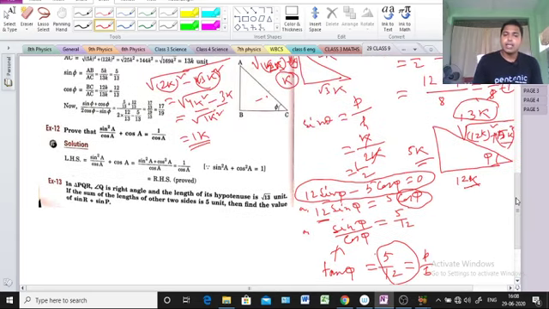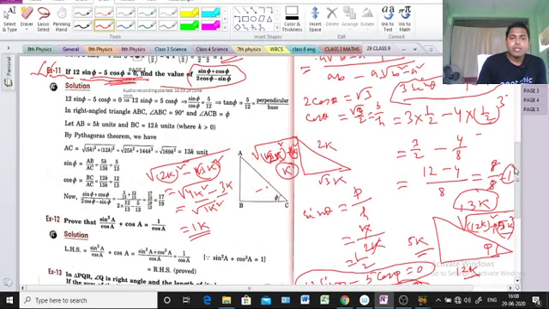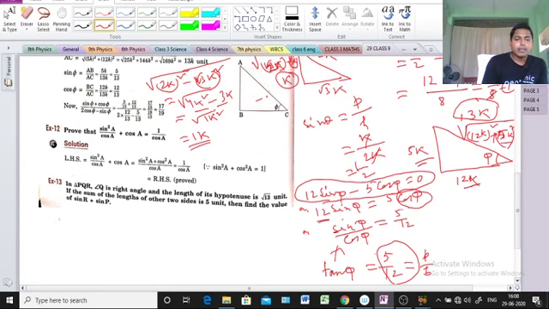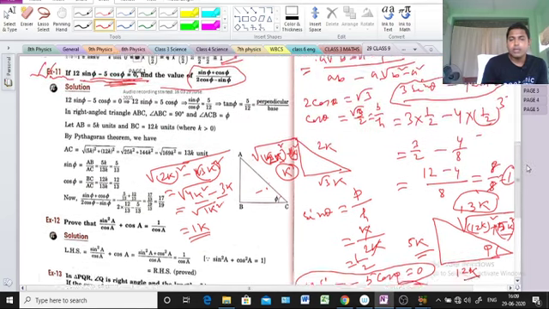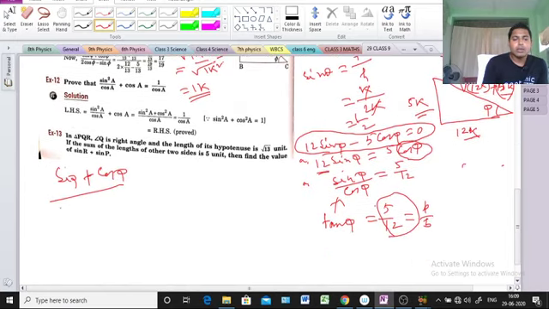After this is clear, now we find out sin phi plus cos phi by 2 cos phi minus sin phi. I am writing here: sin phi plus cos phi by 2 cos phi minus sin phi.